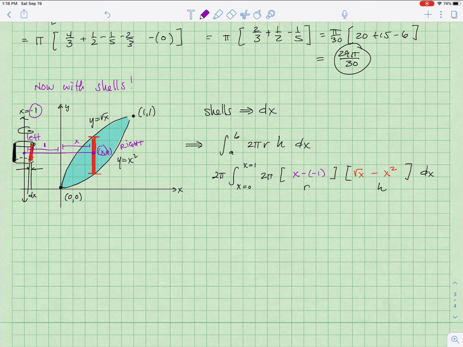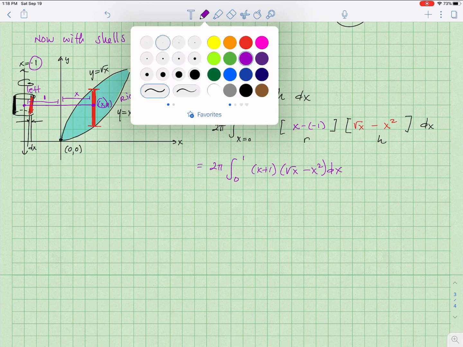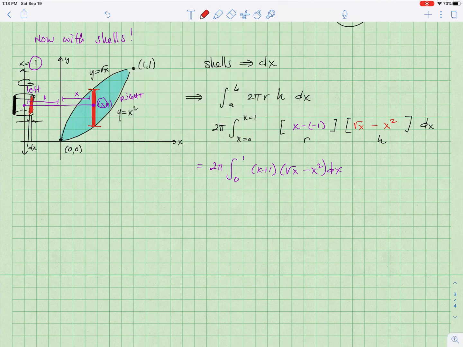So what do we have? Whoops, I wrote 2 pi twice there. Factored out that 2 pi. So this is equal to 2 pi times the integral from 0 to 1 of x plus 1 times the square root of x minus x squared dx. We are going to have to FOIL that out. I'm going to rewrite this radical x as x to the 1/2 power.